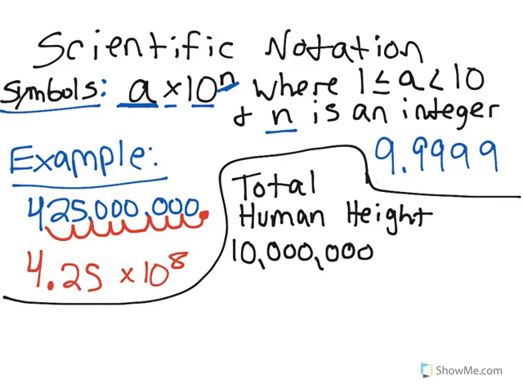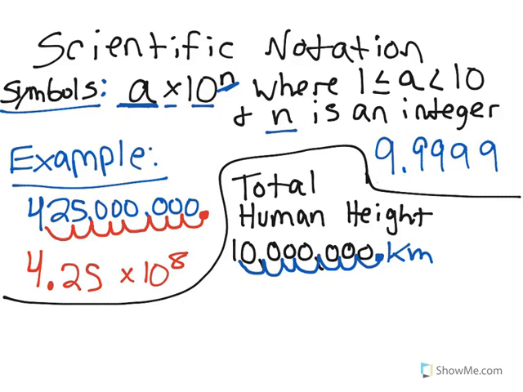Assuming they didn't crush the people at the bottom, we would have approximately, according to the statistics, about 10 million kilometers. But that's a large number, especially if we're going to be computing with it. So we can change that to scientific notation, where the decimal is currently on the end, so let's count how many times we have to move it: 1, 2, 3, 4, 5, 6, 7. Remember, you have to move it to where you only have one digit to the left side of the decimal.